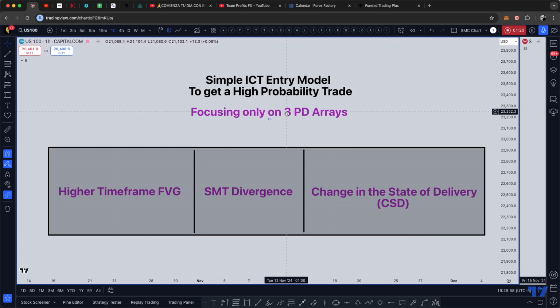You don't need to focus on everything. According to him, if you go to his YouTube channel, there are over 80 PD arrays, I don't remember exactly. PD arrays, I mean like fair value gap, change in the state of delivery, inversion fair value gaps, all those names.